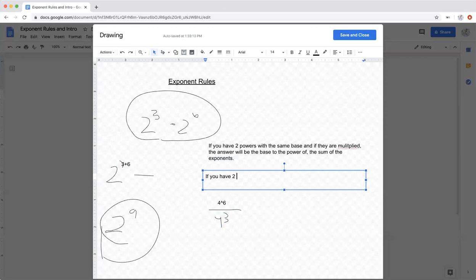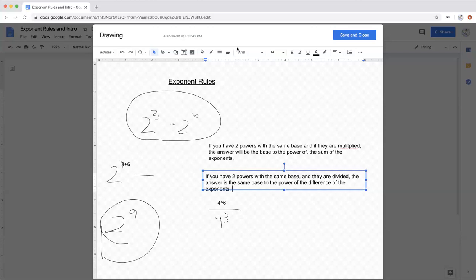Two powers with the same base, and they are divided. The answer is the same base to the power of the difference of the exponents.